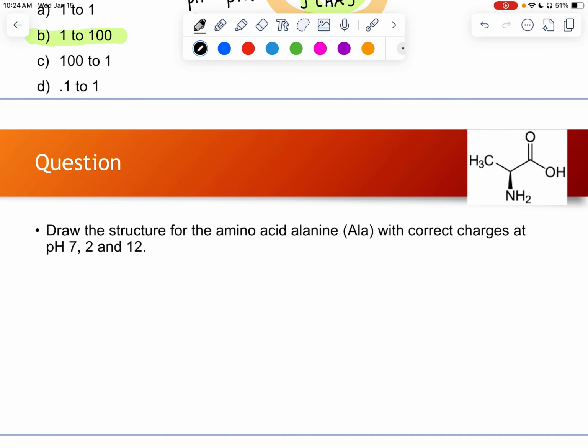Your pKa value for the amino terminal, alanine is 9.69. And for the carboxylic acid side is 2.34. All right, pause, see if you can draw these structures.